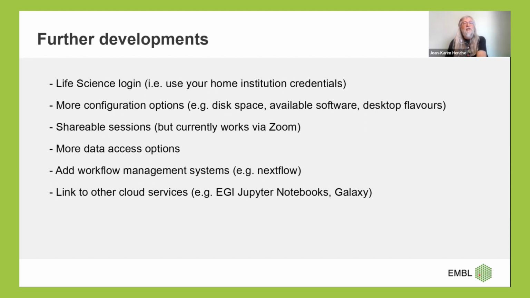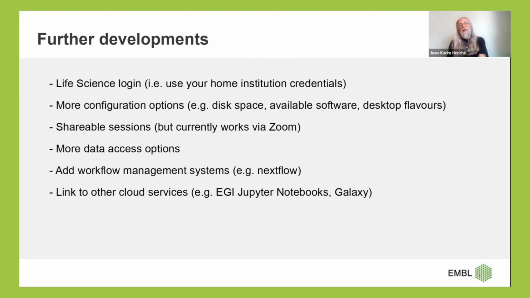We want to expand on the data access options, maybe things like cloud storage such as Dropbox and others. We'd also add some workflow management system, especially because we've now made the cluster accessible from the terminal, so you have direct access to the Slurm commands. You could run typical automated workflows from your terminal in there.